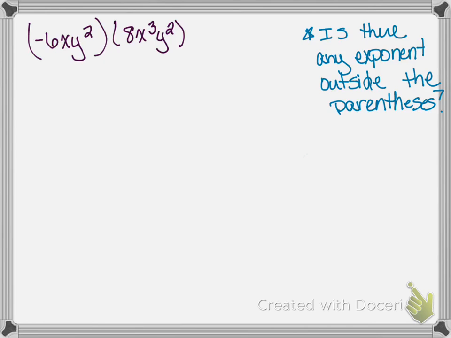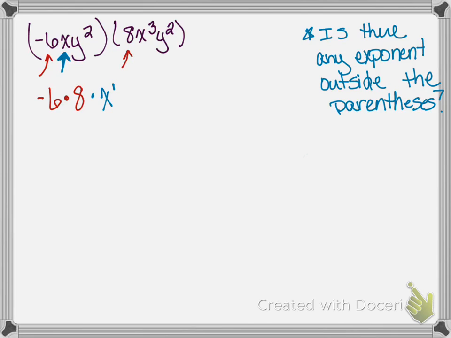So now I can deal with negative 6 times positive 8. So I'm going to write that down. Negative 6 times positive 8. Then I have x. What is that x raised to? Just this one right here.